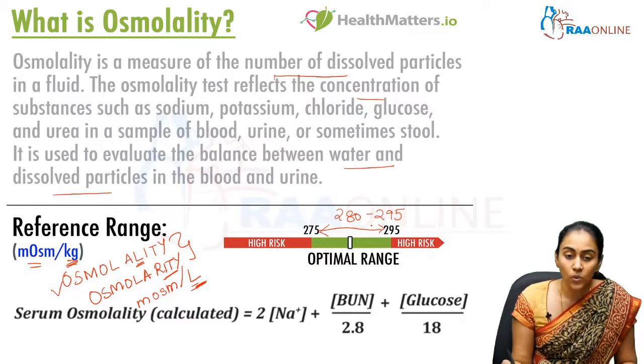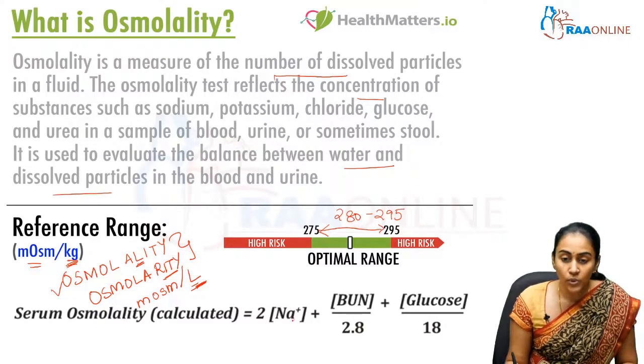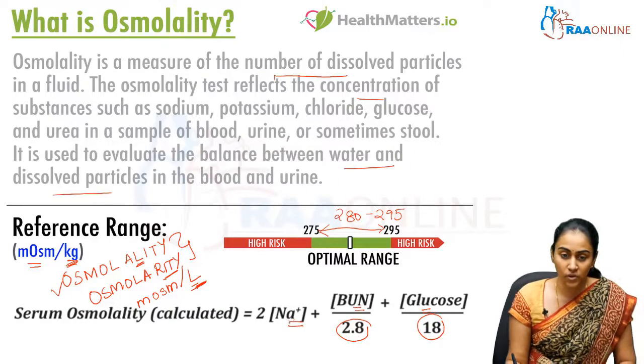We all know serum osmolality uses three important variables when we calculate it: 2 times sodium plus blood urea nitrogen divided by 2.8 plus glucose divided by 18. This is how you calculate serum osmolality.